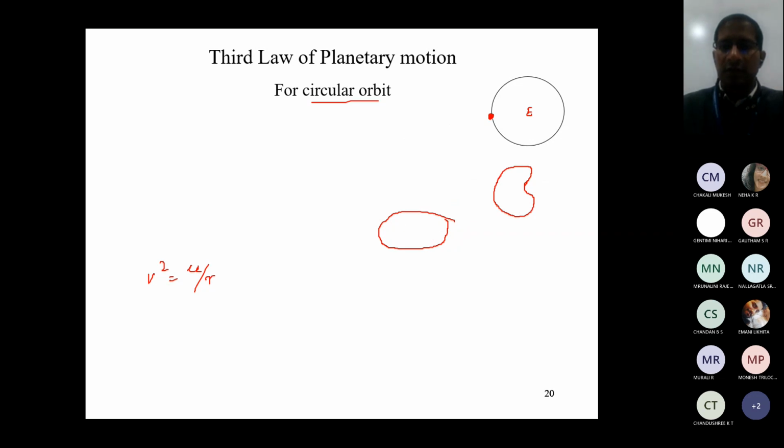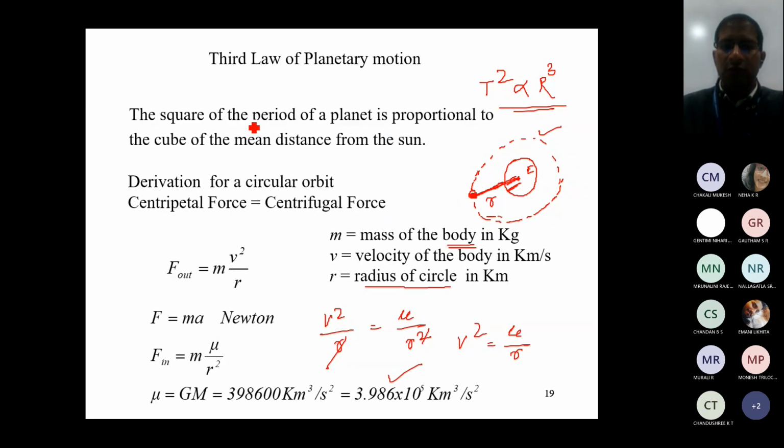Let us go back. So what does Kepler say in his third law? The square of the orbital period of a planet is proportional to the cube of the mean distance from the sun. It is valid for any object or any planet which is moving around any object.